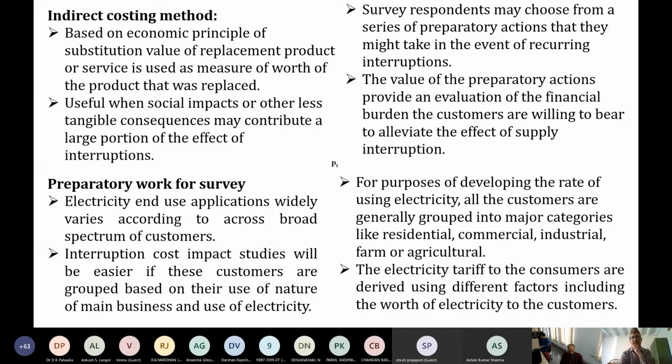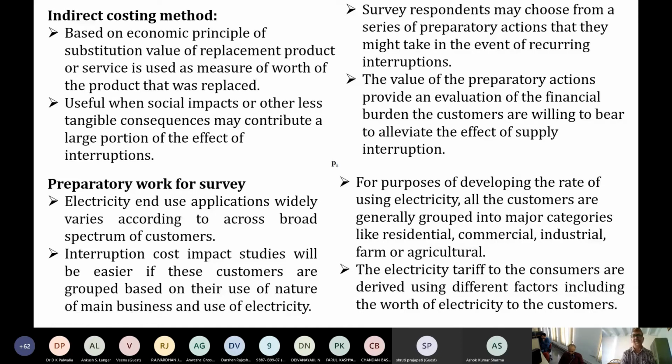So the value of the preparatory actions provides an evaluation of the financial burden the customers are willing to bear to alleviate the effect of supply interruption. So what is the cost of that preparatory action?